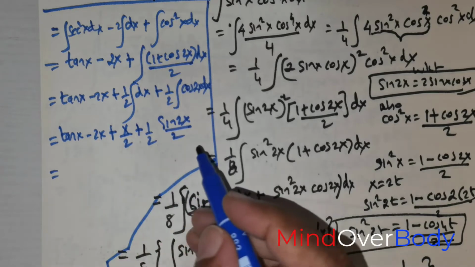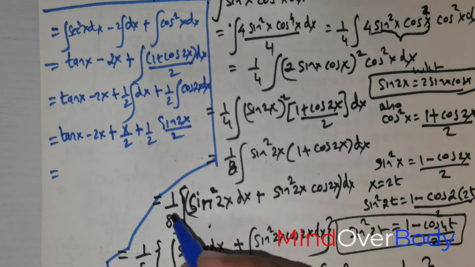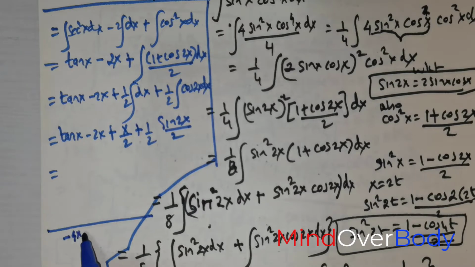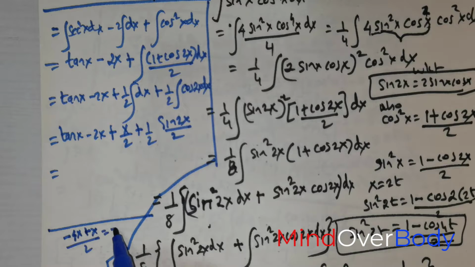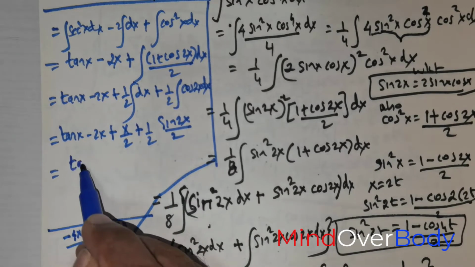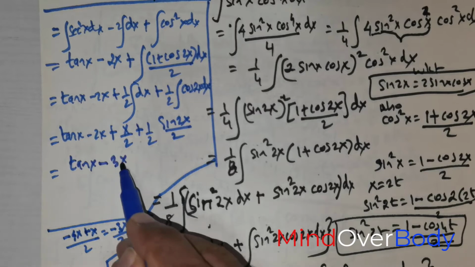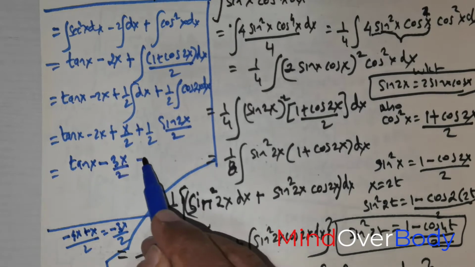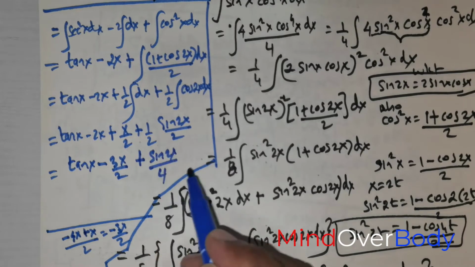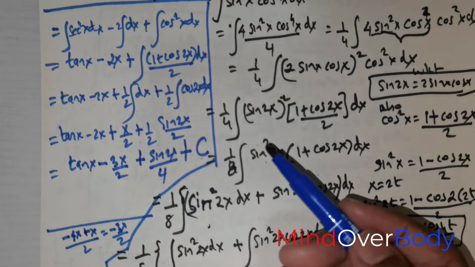So if I were to simplify this, that's going to be negative 4x positive x divided by 2, which is going to give me negative 3x over 2. So I have tan x negative 3x over 2, and this is going to be sine 2x divided by 4 plus arbitrary constant.